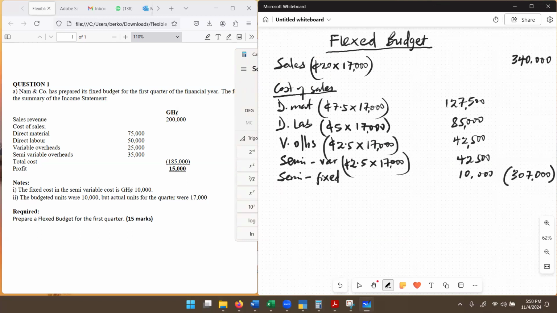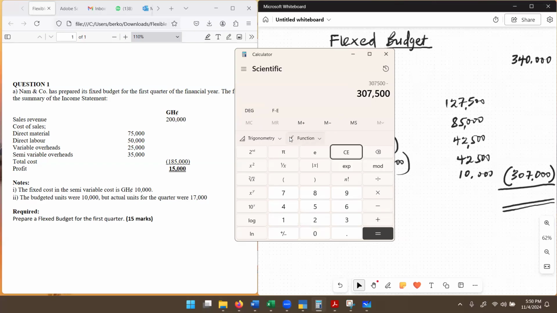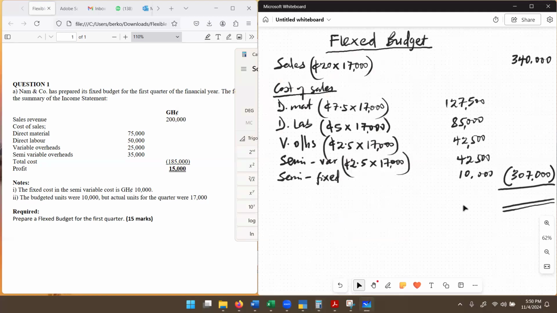Now we deduct that from 340,000. So we have 32,500. You see that? So that is that for the flexed budget.